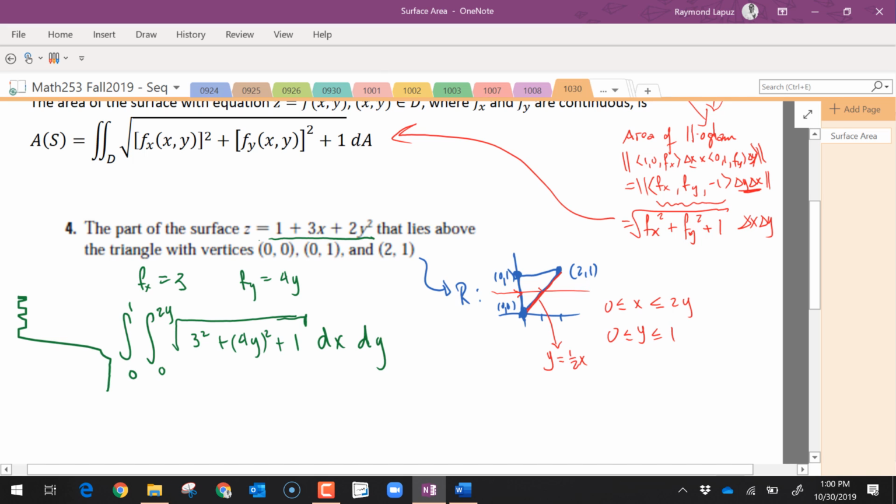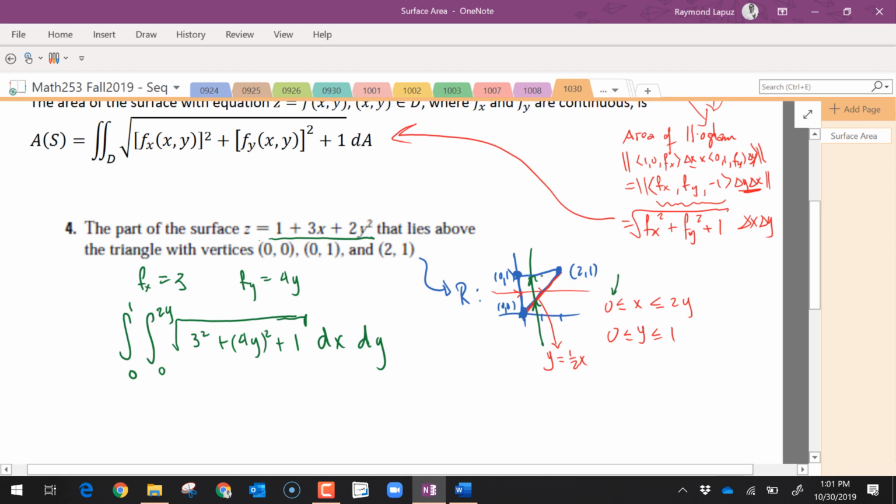I did x first because if I do x first, I'm going to go in here into the region, and my lower limit's going to be 0. If I would have done y first, I would have gone in here and I would have a non-zero limit, which is probably not bad at all.